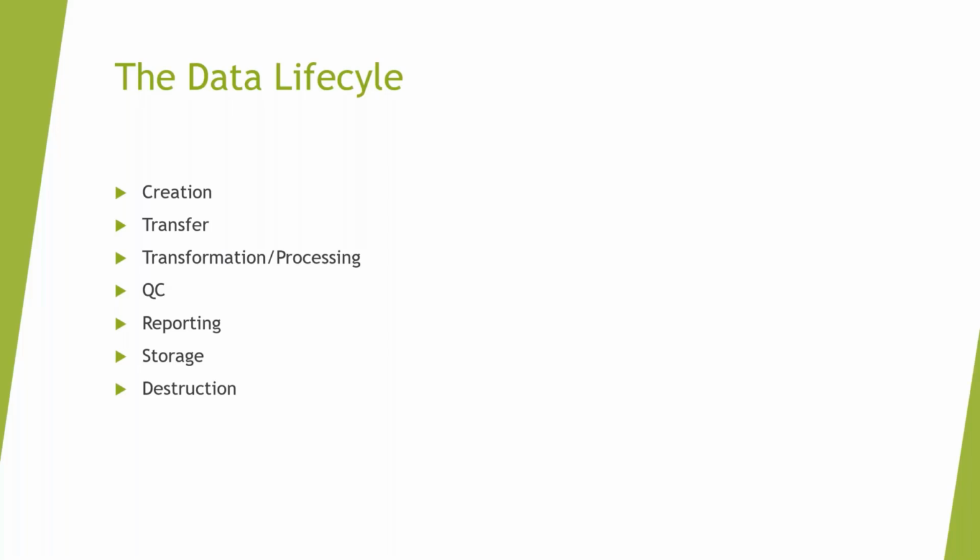So it may go through some or all of these steps depending on the criticality of the data and ultimately the risk to the end user or trial subject. So those are the different steps, and you may even be able to think of some more, but from creation, it may be transfer, transformation and processing, QC, reporting, storage and destruction, but that is the full life cycle of the data.